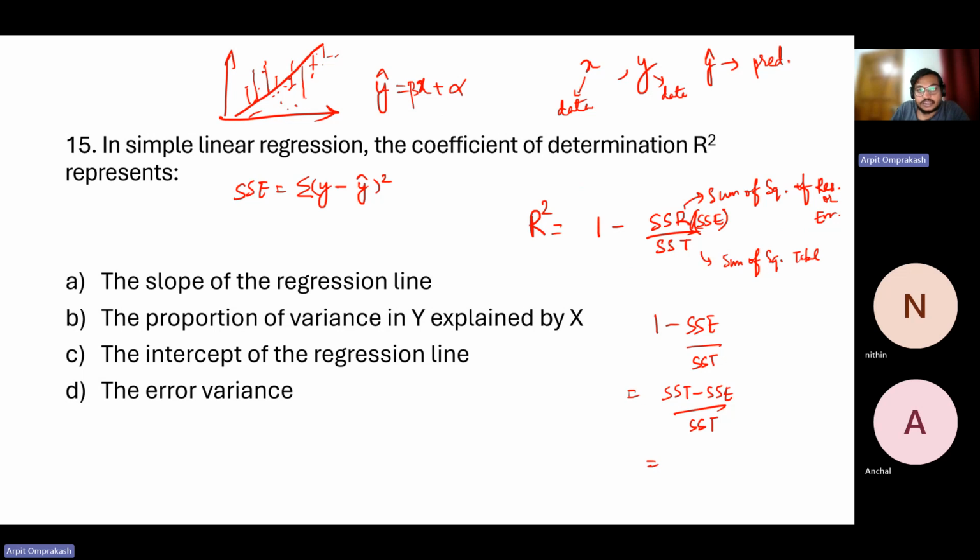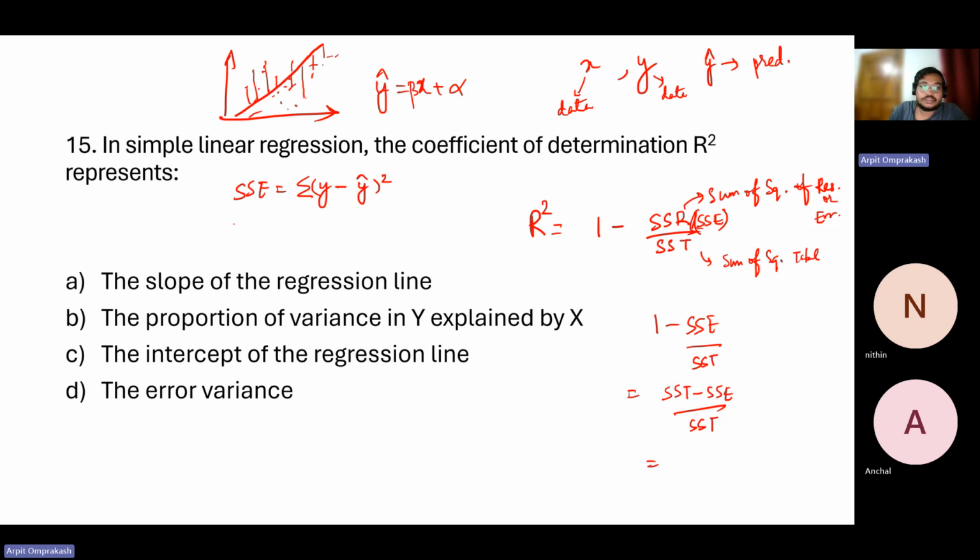So this line is what you have predicted. These differences from each point in terms of Y, squared, are the error that your line is showing. When we are building a line using the ordinary least squares method, we are trying to minimize this.